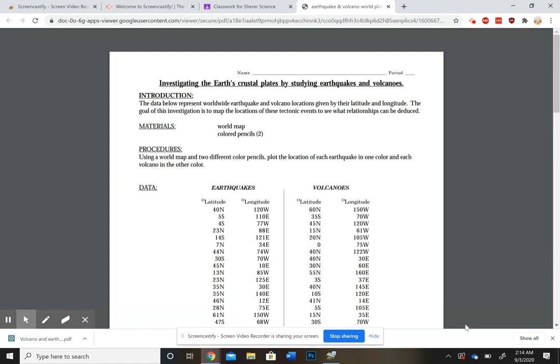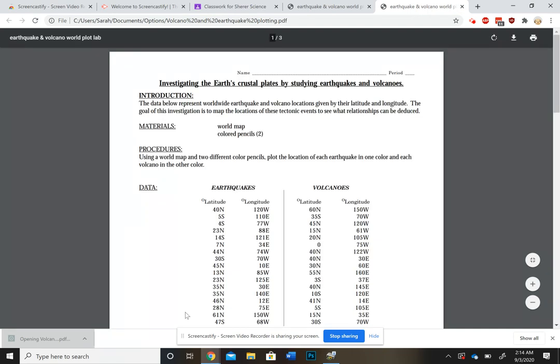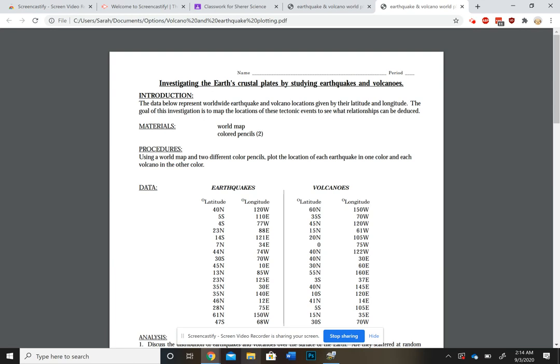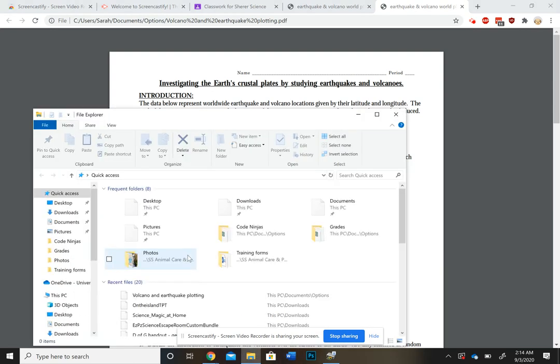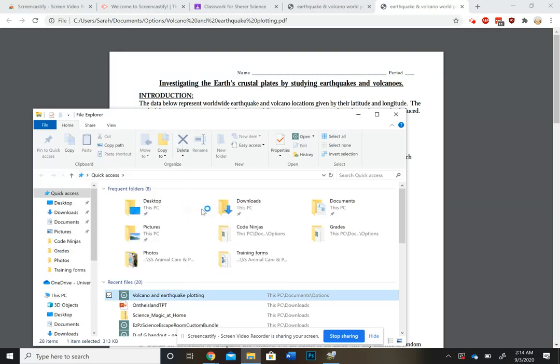Hey, Max. Oh. That's not what I wanted it to open with. Bear with me. Documents. There we go. Draw board.